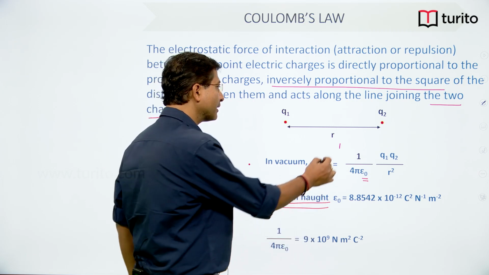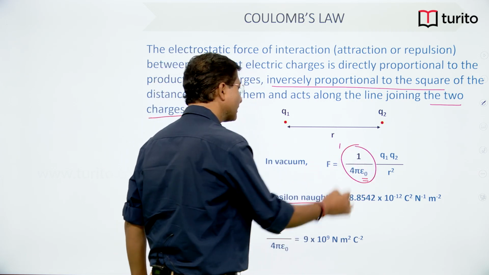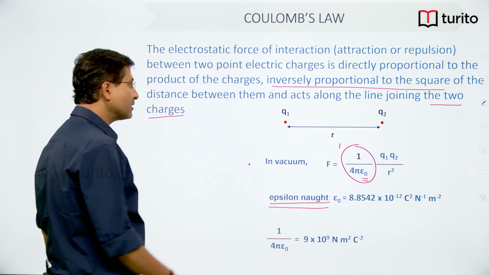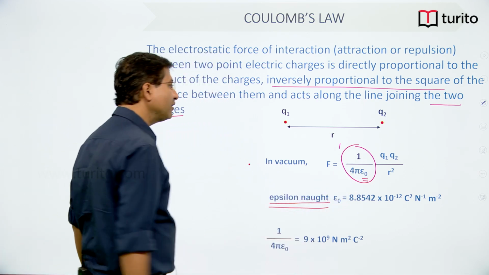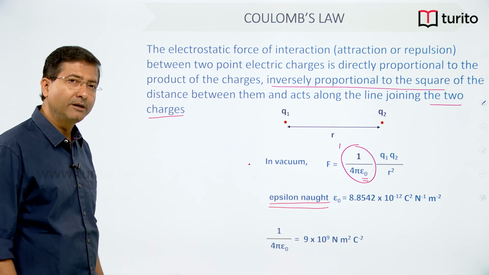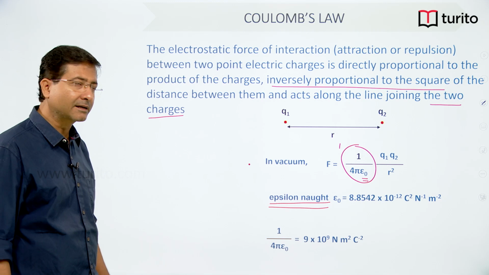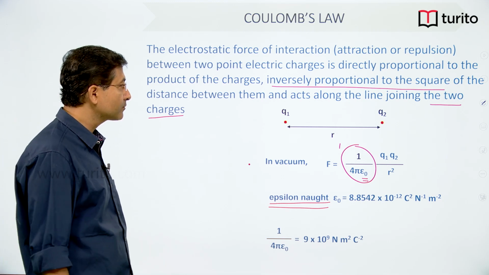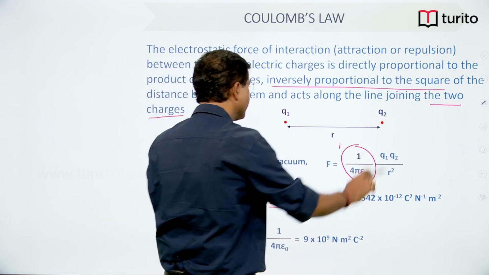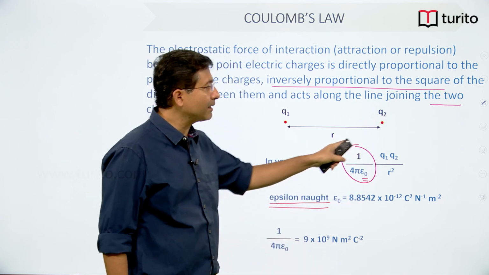So, better you remember the whole value of this expression, 9 into 10 to the power 9. This epsilon naught is called the permittivity of free space. Later we will see the meaning of that when we talk about dielectrics, right. So, if two charges are kept in vacuum, the force of interaction is given by this expression.